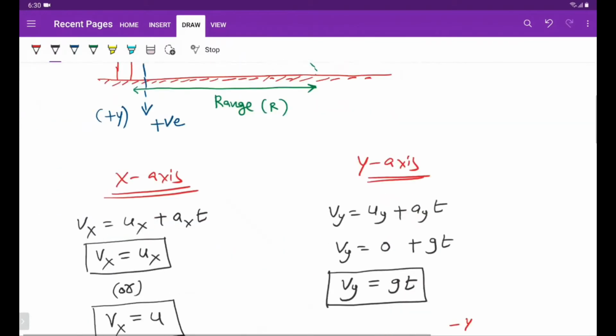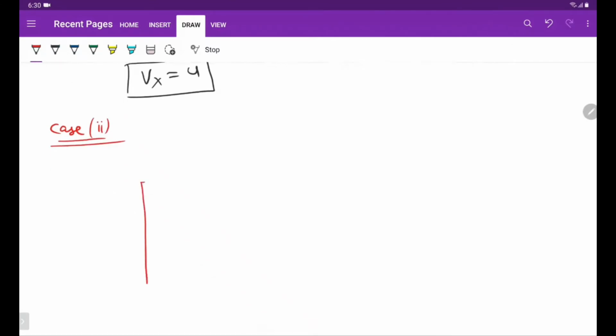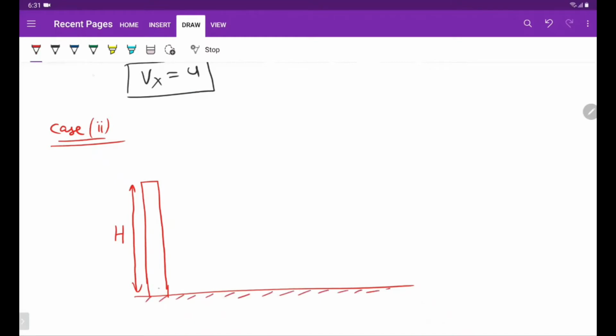Now we go to case 2. From the top of the same tower, if I project a particle in the upward direction, suppose this is the ground, making an angle theta with the horizontal, with velocity u, it will follow this path, a parabolic path again, but like this.